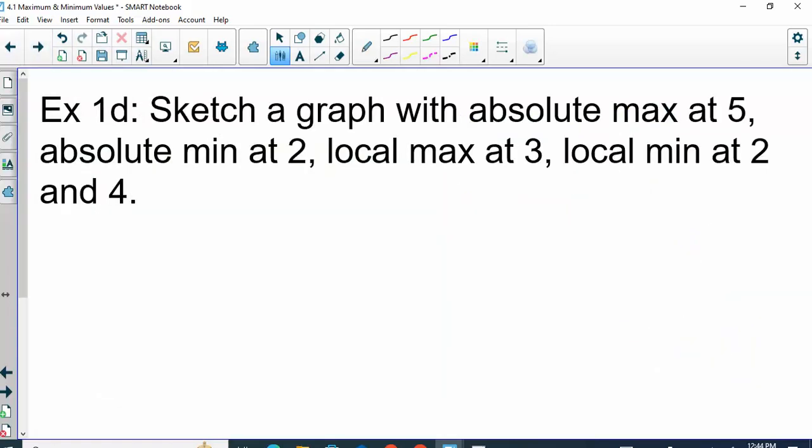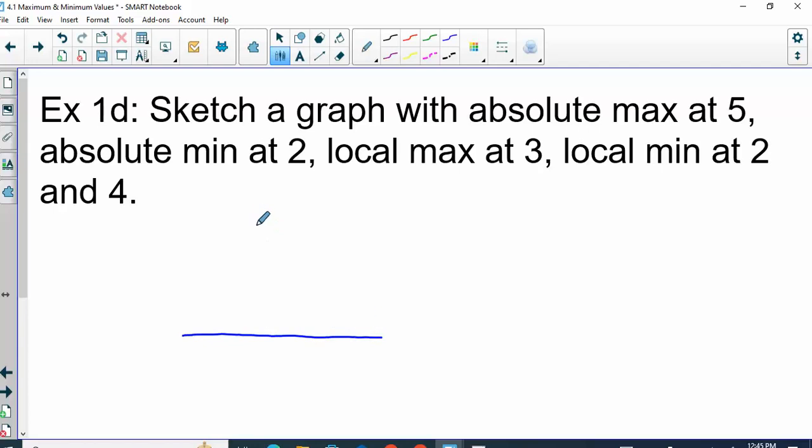Let's practice drawing a graph that meets some requirements. So I'm giving us a list of requirements, and we have to make a graph that would fit. I didn't give you tons of information here, so I didn't give you necessarily all exact points.